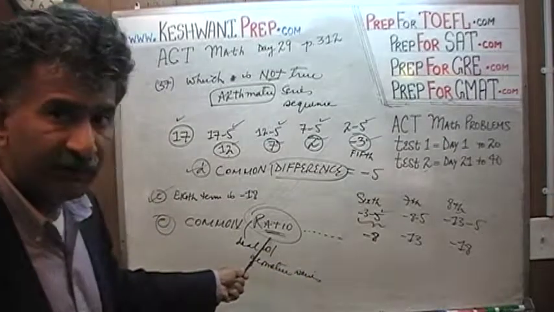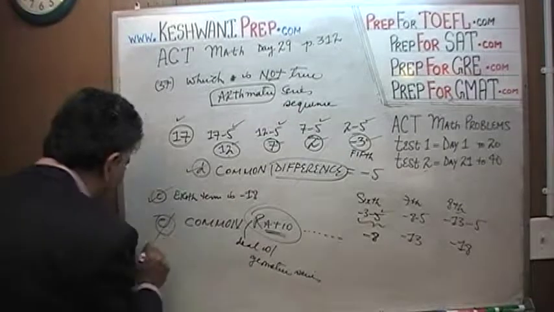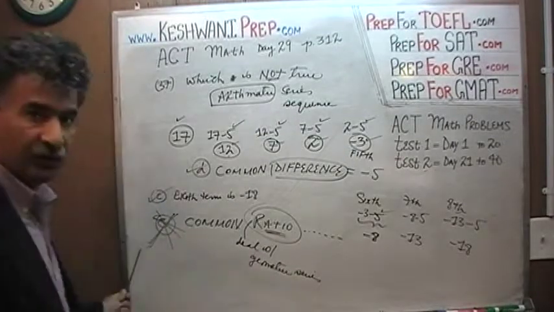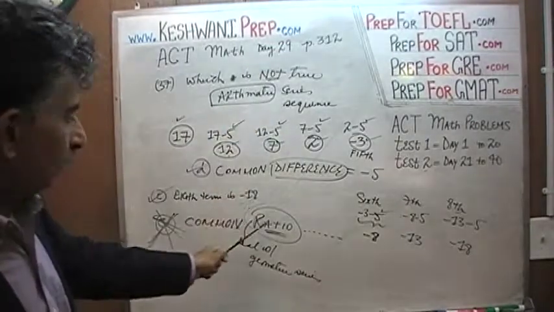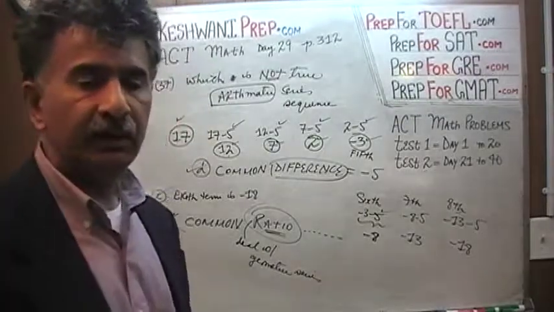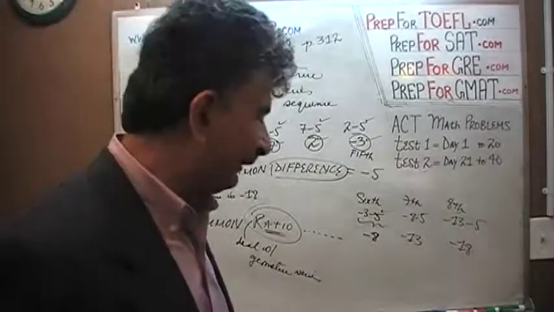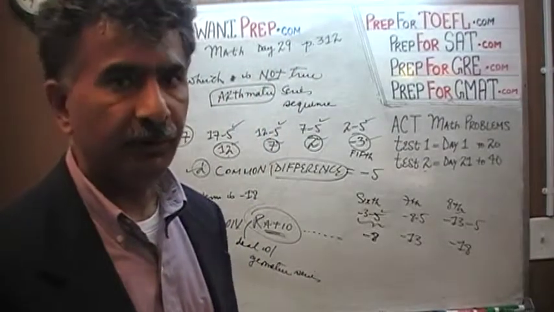There is no such thing as a common ratio when one is dealing with an arithmetic sequence. That is wrong. Answer is E. That's the statement that is not true. It is not true because such a thing does not exist when one is dealing with an arithmetic sequence.